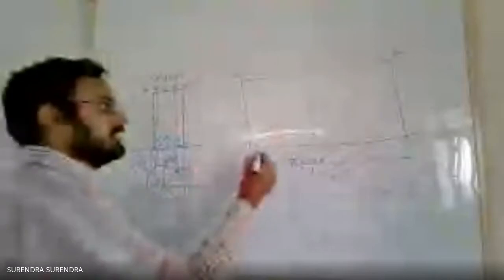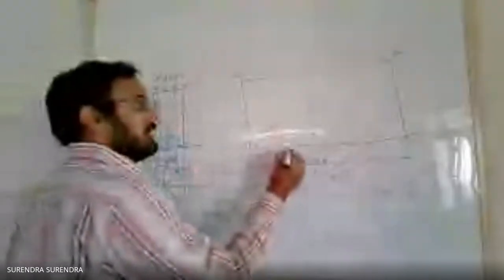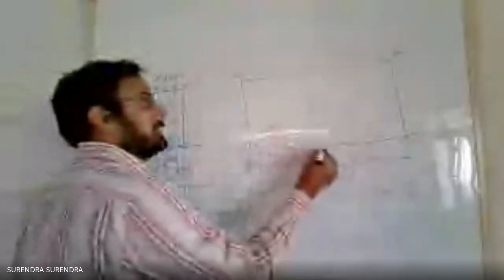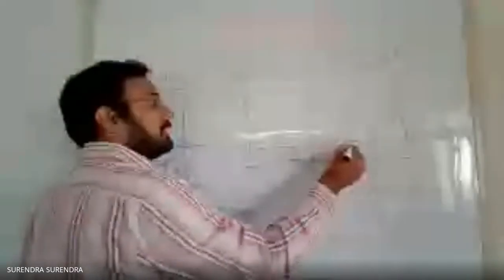Mark these points starting from J, K, L, M, N, P, Q, and R.